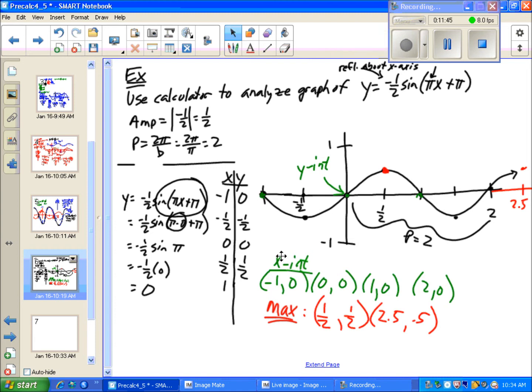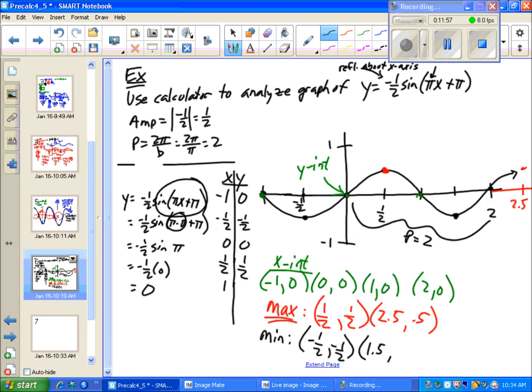Our mins, we've got some mins here. These are some key points: negative a half, negative a half, and the other one, 1.5, comma, negative a half, and so on. Keep those in mind when you're graphing those key points.